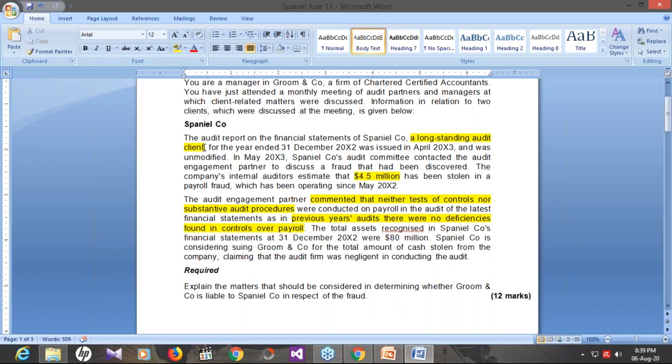About the second point, that the duty of care has been breached: yes, he has breached it because he was not professional, because he didn't apply the relevant ISAs. He breached ISA 520, ISA 500, ISA 315. He didn't apply skepticism appropriately. He didn't discuss the possibility of fraud at the planning level. So all these are the important points.